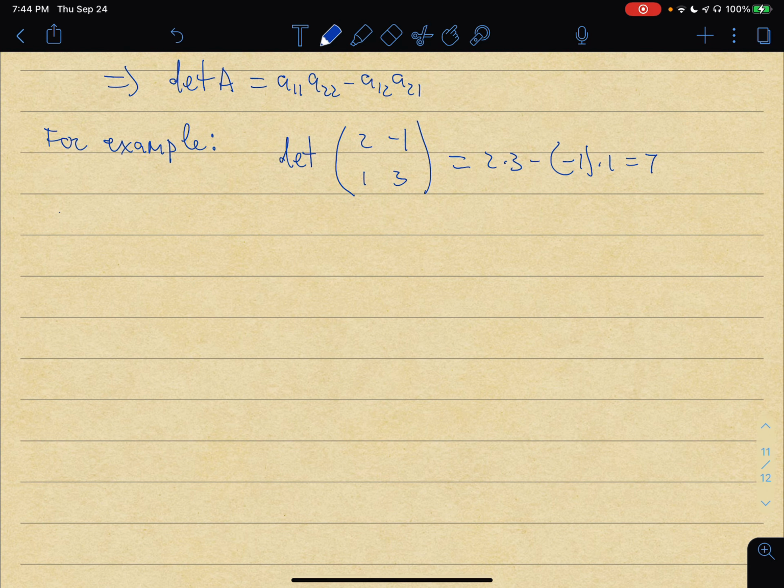Another way to write the determinant is to use, instead of parentheses, just vertical lines with the matrix. So 1, 2, minus 1, 6. This determinant is 6 times 1 minus 1 times 2, and that is 8. Nope, not 0, 8.